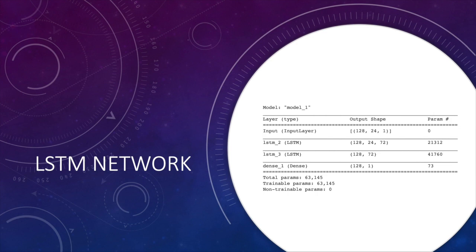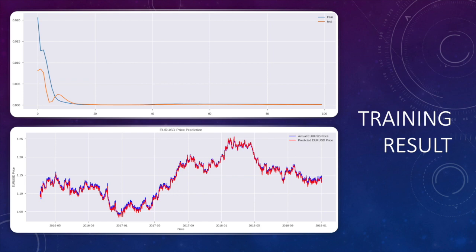Another LSTM layer was added with the same parameters. And lastly, a dense output layer with 1 neuron to make the prediction. Similarly, the model was compiled using Adam Optimizer and MSE loss function. The result is also quite good with LSTM using only a few layers.